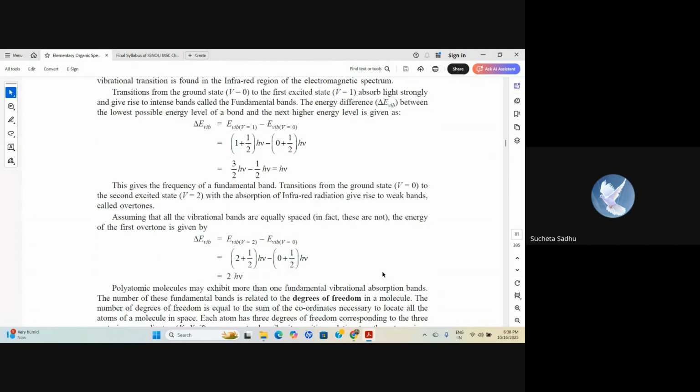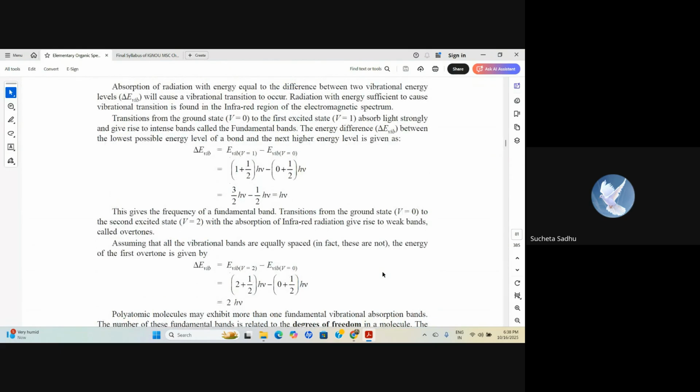If I do all these tests, what factors or parameters should I study to determine things like degrees of freedom, or is it only related to theory, not to the practical? Theory is related to practical. You should know the theory. What I mean is, when we get that spectrum, which parameters should I focus on so that I can correlate them with what is said theoretically?